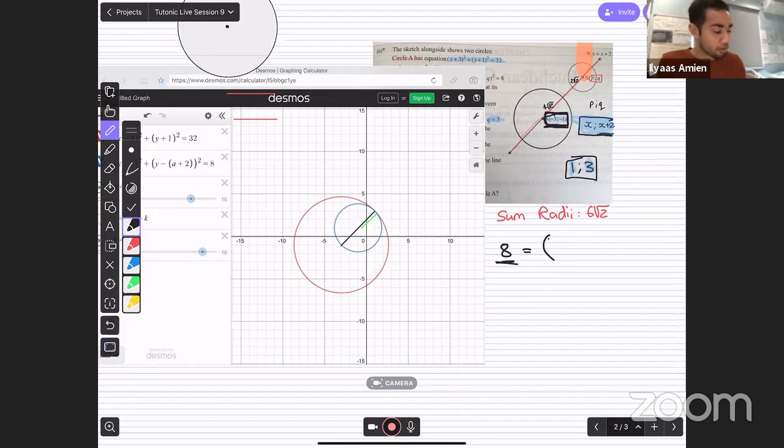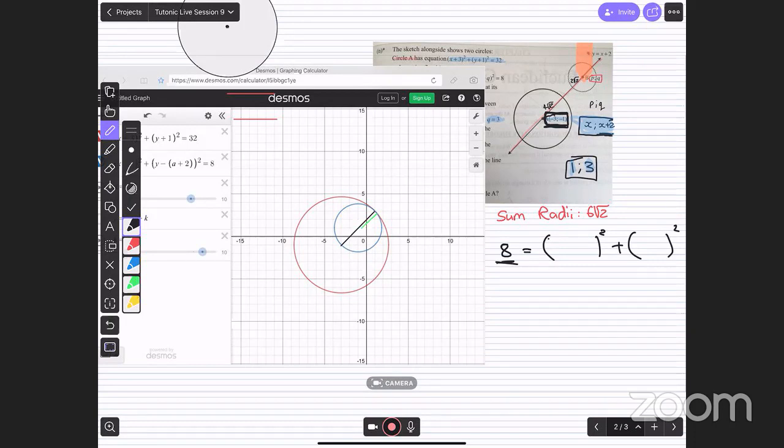You said that, but I'm asking about the distance formula, which is the distance between the x values squared plus the distance between the y values squared. So what are the two x values? 1 and 3, and -3 and -1.